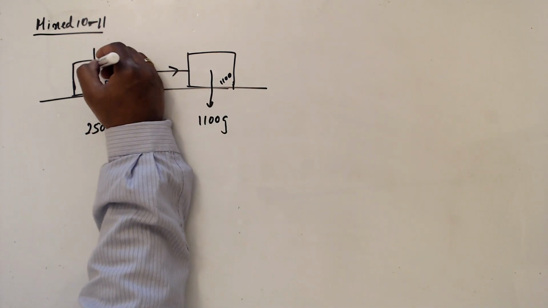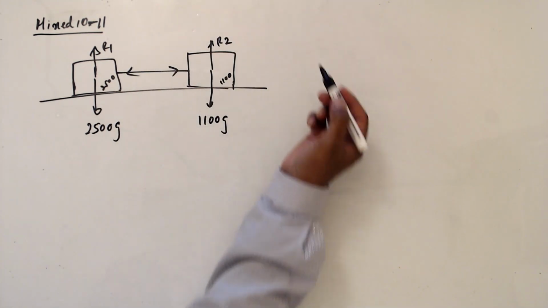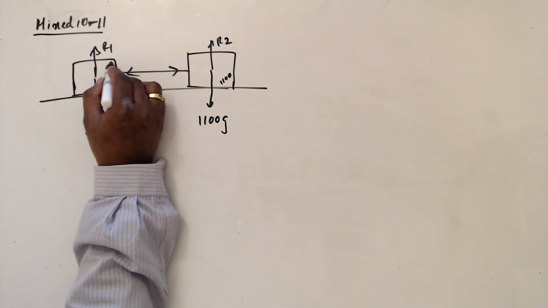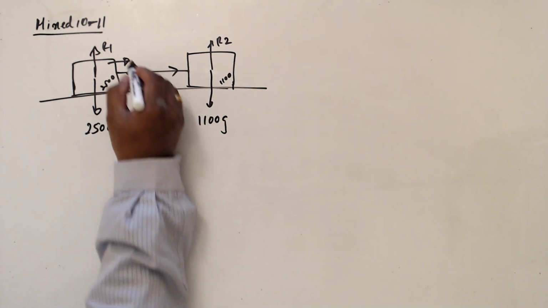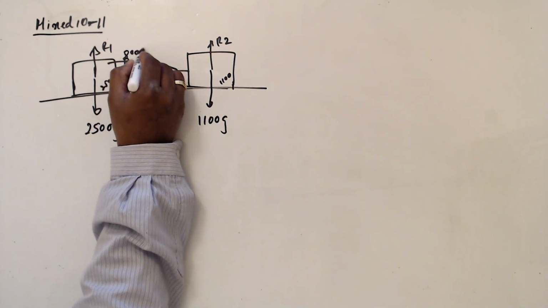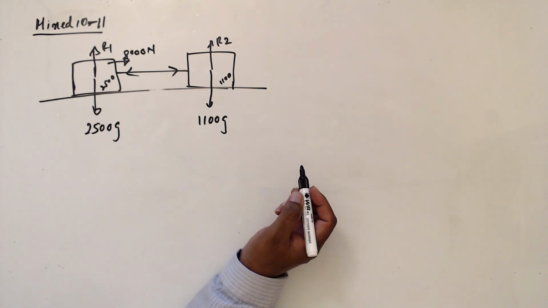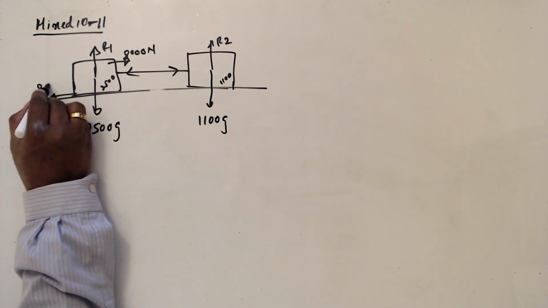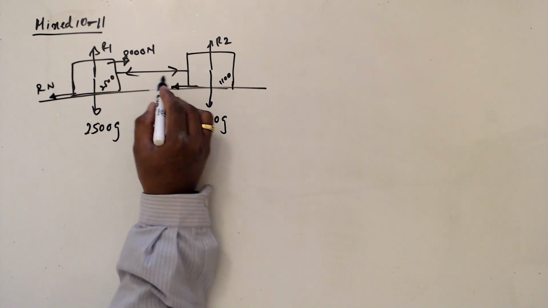The normal force is R1 here and R2 here, and this is the engine. The engine creates a pushing force of magnitude 8,000 Newton, and there is a resistance force, which they mention as R for the engine, and for the carriage they have given 500 Newton.